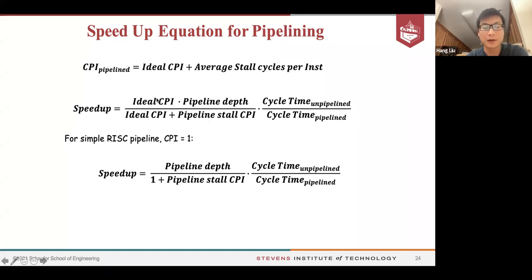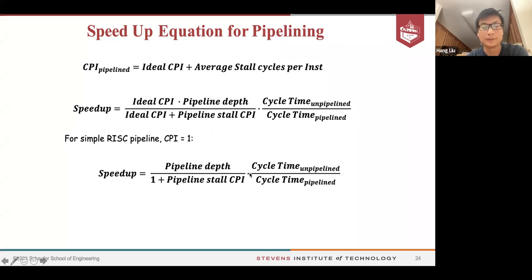So if we do a little bit of canceling out, we figure out that the speedup becomes pipeline depth divided by 1 plus pipeline stall CPI.